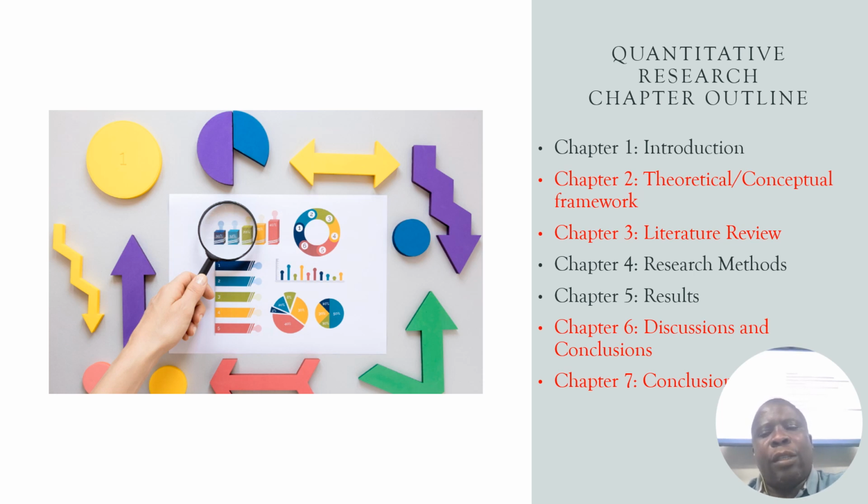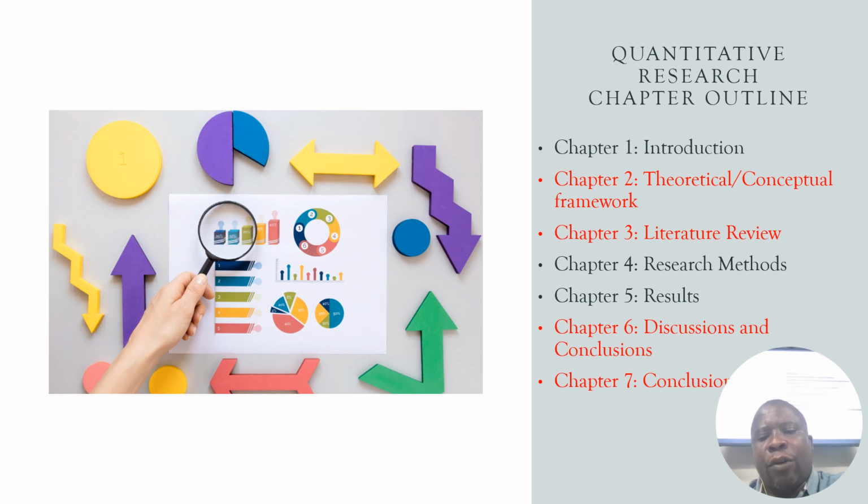It's one and the same thing. But in the conceptual and theoretical framework, we are focusing mainly on your concept or the theory that is going to guide your study. Then in the literature review, you are focusing on a survey. You're checking what other scholars are saying regarding your topic. Then you go to chapter 4, which is research methodology.